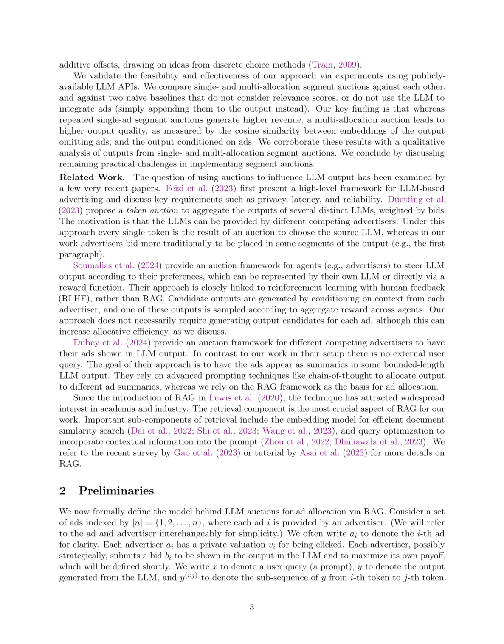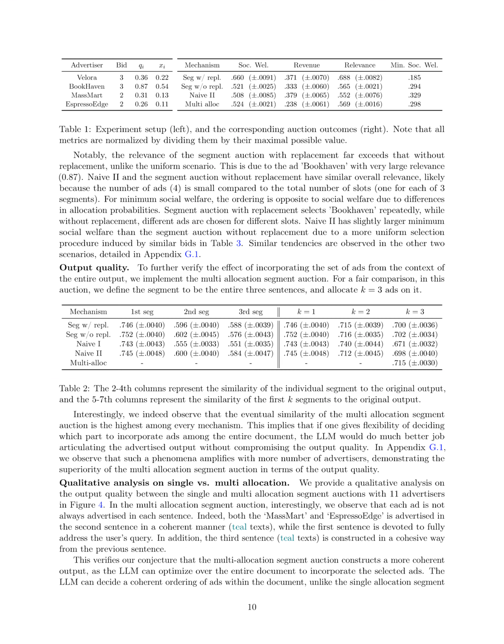The experiments comparing different auction scenarios for ad allocation in LLM output generation yielded several key results. Firstly, the segment auction with replacement had the highest social welfare, followed by the one without replacement, due to differences in allocative efficiency among advertisers. The segment auction without replacement outperformed Naive 2 in terms of social welfare.